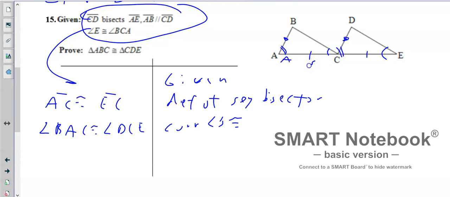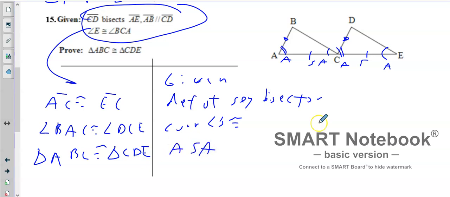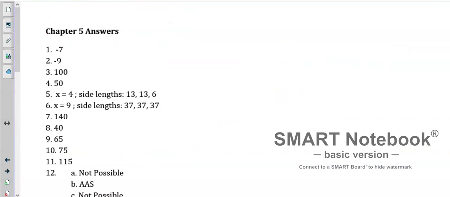And then what we have here is angle, side, angle. And we're basically done. Triangle ABC is congruent to triangle CDE by ASA. And that is it. Answers follow.